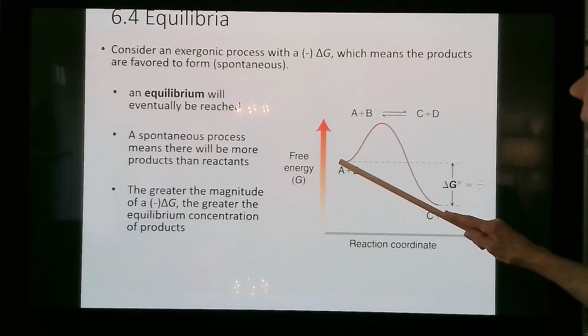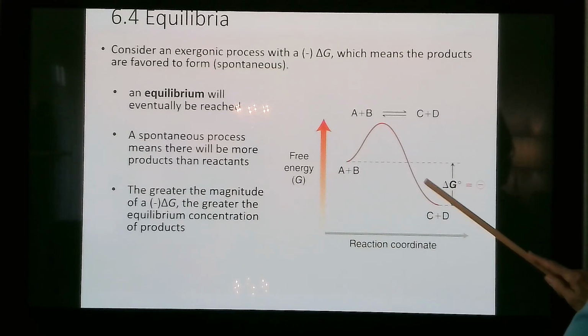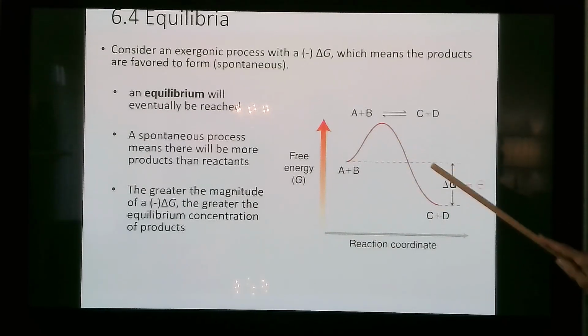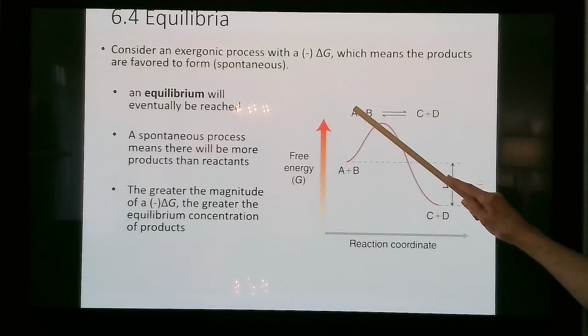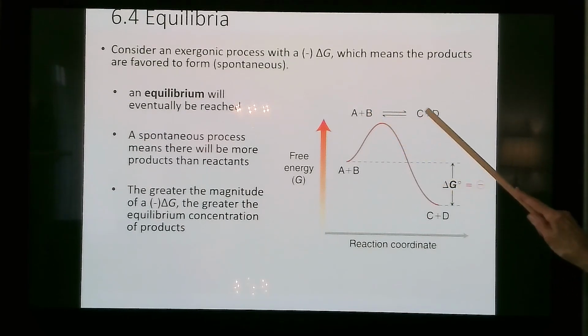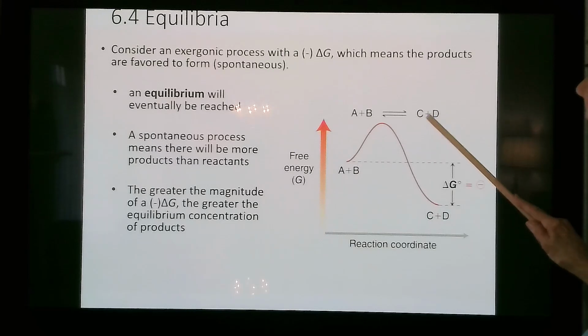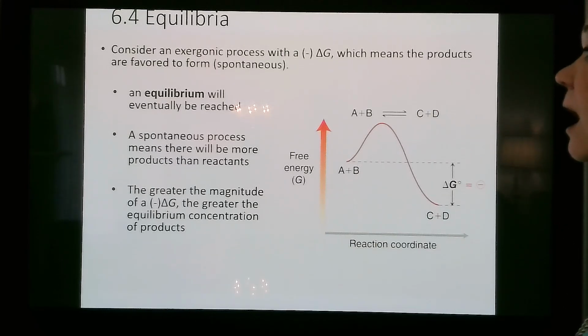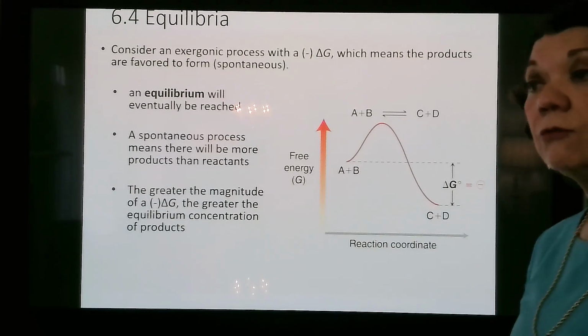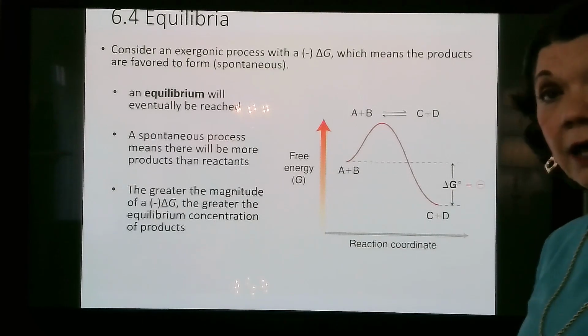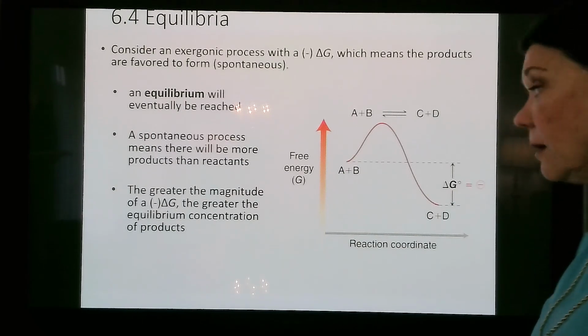When you first mix A and B, you don't know how long it will take to reach the equilibrium. Here is the equilibrium, A and B go to C and D. Eventually they'll reach equilibrium. There will be a certain amount of A and B and a certain amount of C and D in existence when equilibrium is attained, and you don't know what that is, but you can calculate it if you have the equilibrium constant.